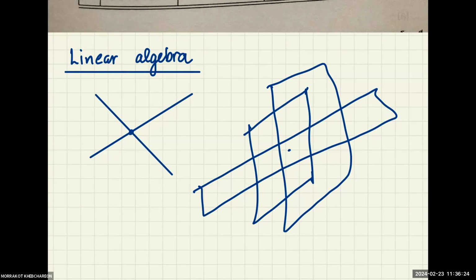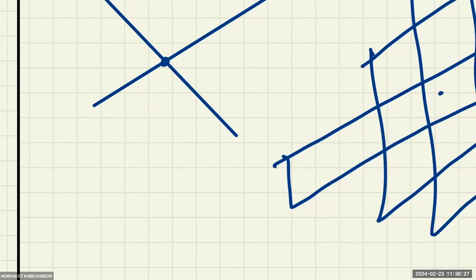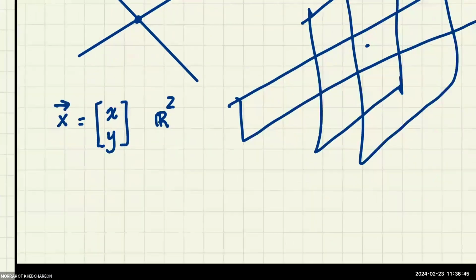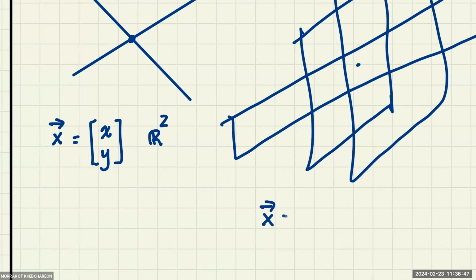When we talk about a vector, we talk about vector X, for example. X can be described in 2 directions if we talk about 2D. In mathematics, we call it R2. If we talk about something which involves X, Y, and Z, we can say that this is in R3, so a 3-dimensional object.